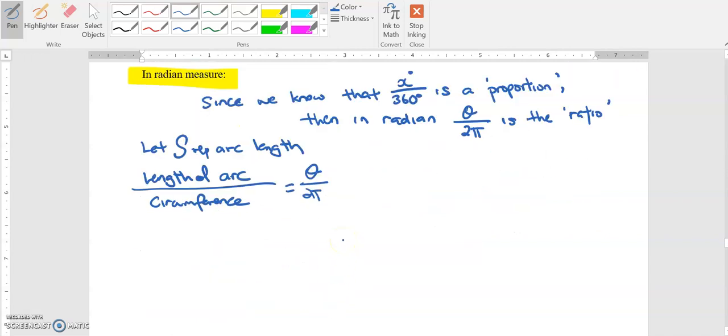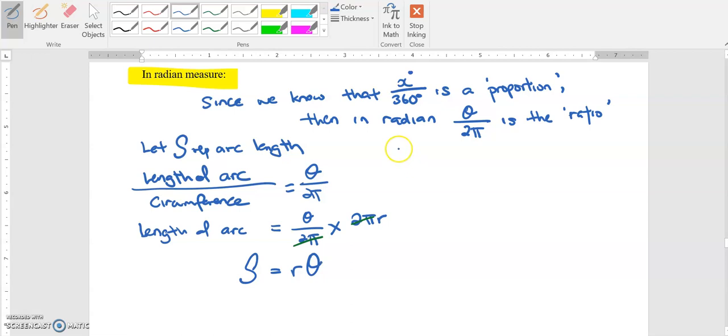So if I do a little manipulation on this, I will know that length of arc is theta out of 2 pi, that ratio, that proportion that we want, multiplied by circumference. And we know that circumference is 2 pi r. So if I do a little tidying of this formula, I can see that length of arc, represented by S, is radius multiplied by the angle in the center in radians.